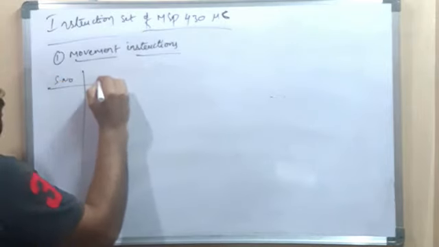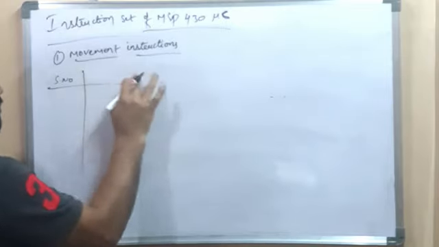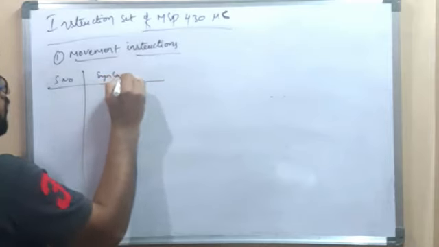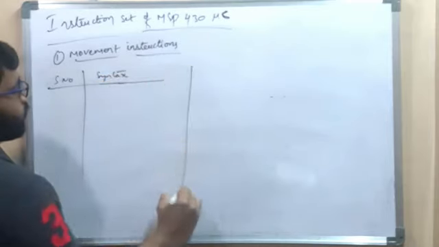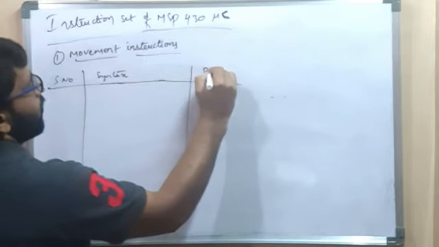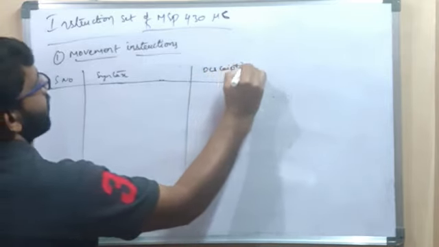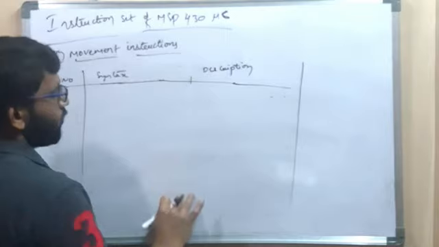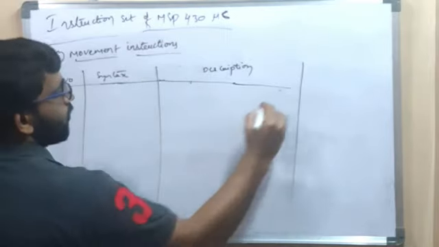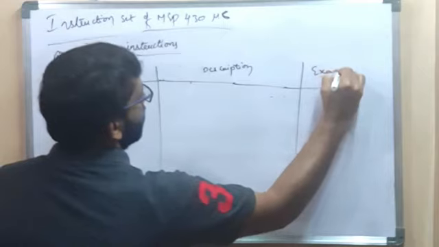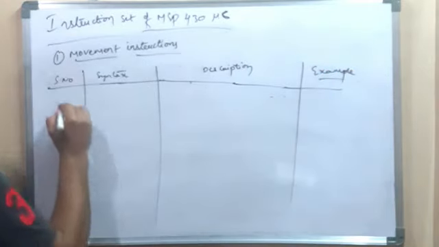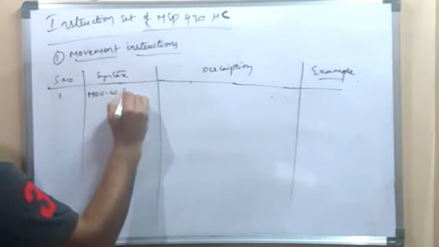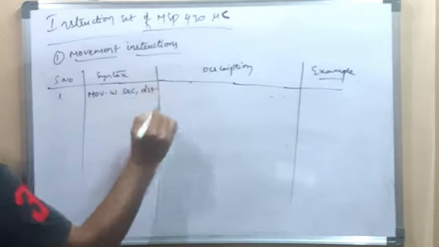Serial number, syntax, description, example. First one, mov.w source comma destination.